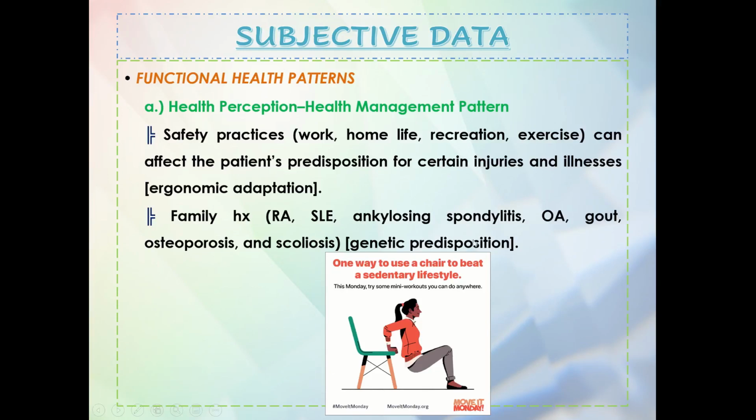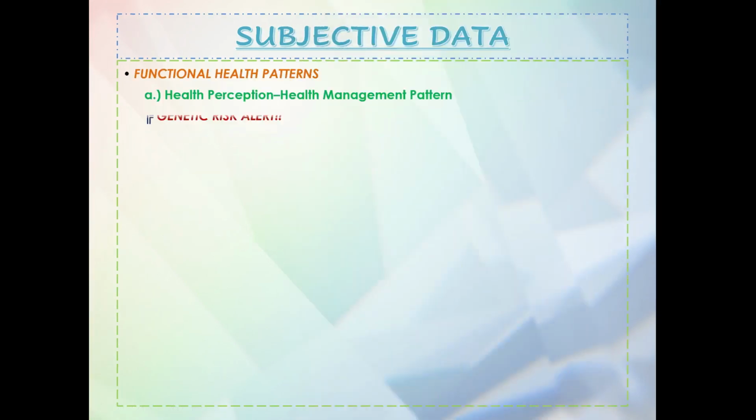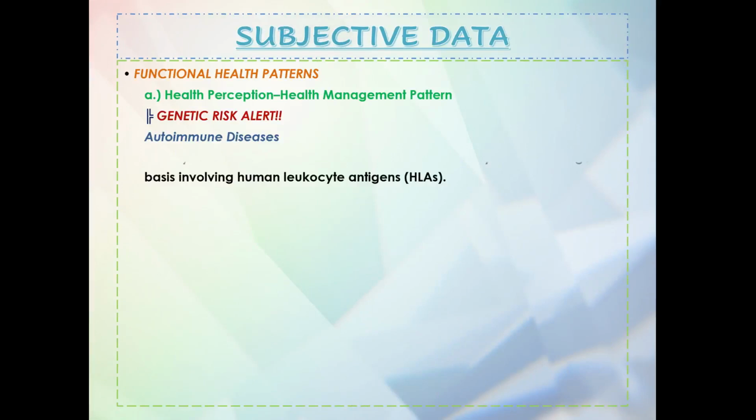Kasi ito ay may mga genetic predisposition. Okay, so if meron ka sa iyong pamilya or nasa lahi, it predisposes you to have the same disease. Okay, so genetic risk alert tayo. For example, yung mga autoimmune diseases.